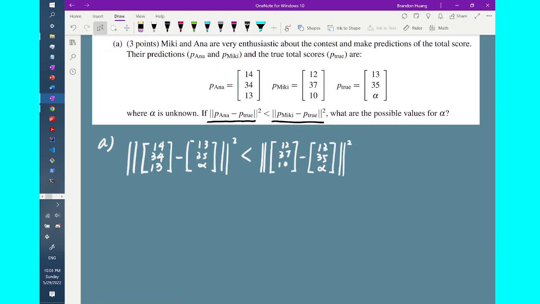It is really important for us to see the magnitude squared because the square of the magnitude of a vector is the inner product of the vector with itself.